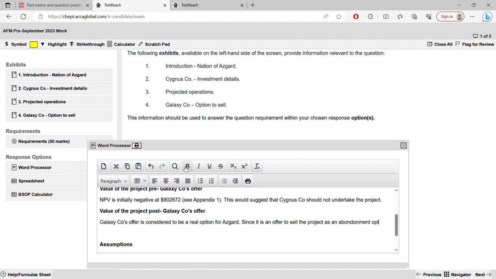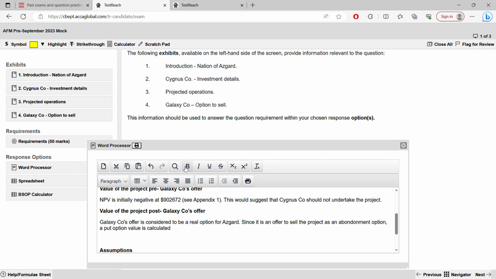We have studied this. What is it? It's a put option. You have to mention all this in your report. A put option value is calculated.